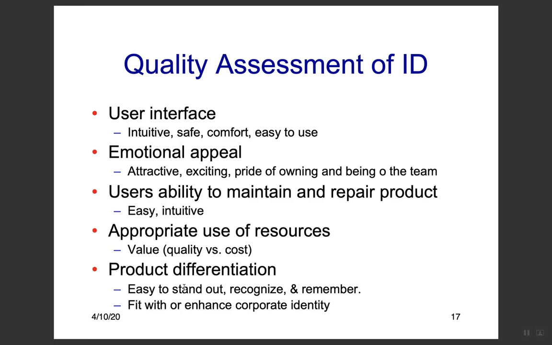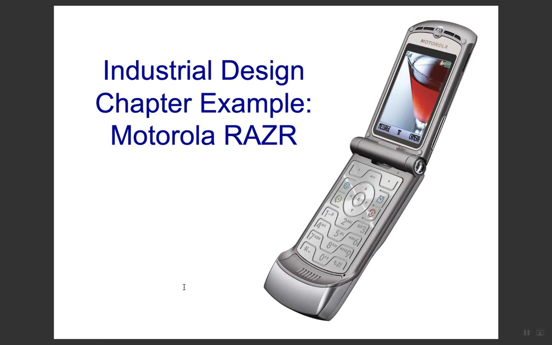So if we talk about the company, we talk about industrial design. When the product is owned by the company or industry, it reflects and enhances the corporate identity. So this is one example. Some years ago, there was the Motorola RAZR. I think it was a very outstanding product at the time, guys.